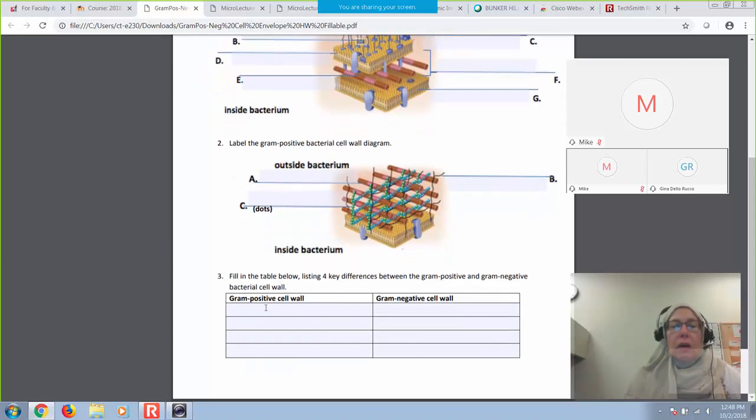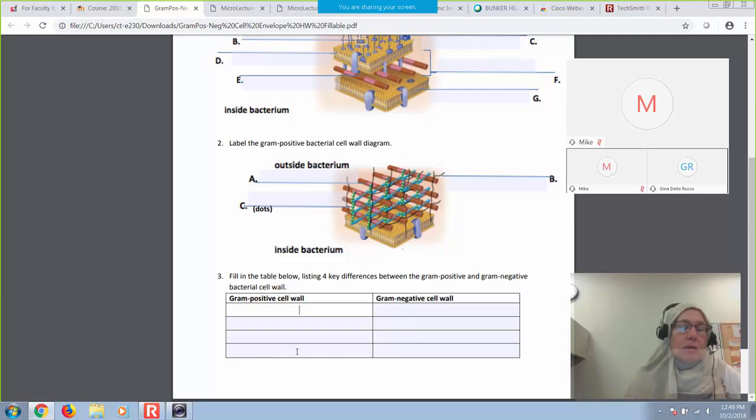And then key differences you might have already figured out. Gram-positive cell wall has very thick peptidoglycan, gram-negative thin. Gram-positive has no outer membrane, gram-negative has an outer membrane. Gram-positive has teichoic acid that's not found in gram-negative.